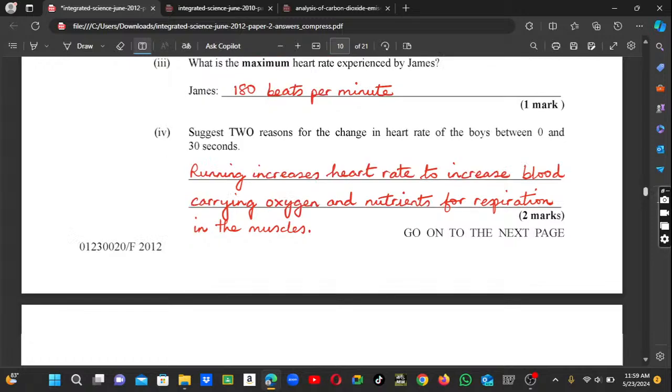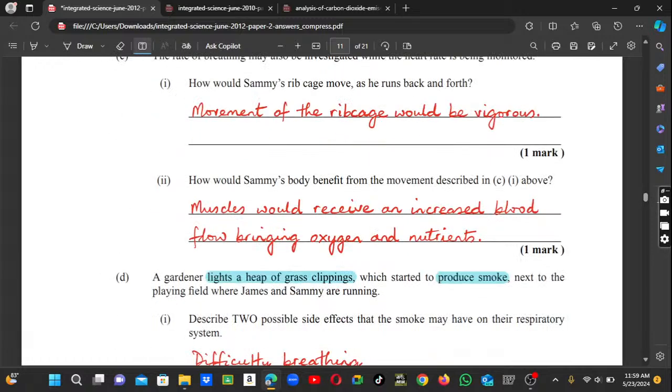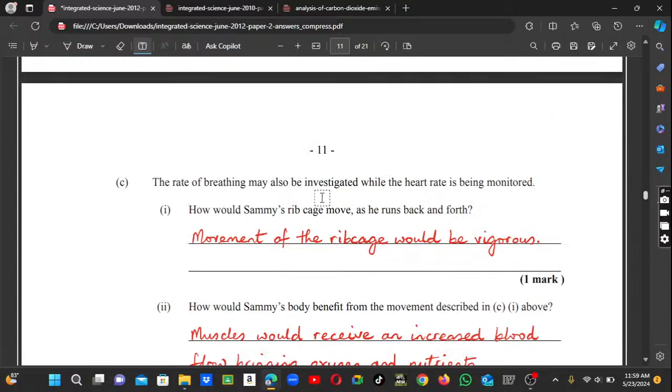All right, good. Sorry guys, I'm going to scroll up a little, because time is going. It says the rate of breathing may also be investigated while the heart rate is being monitored. So they're asking how Sammy's rib cage would move as he runs back and forth. These are the movements, guys.